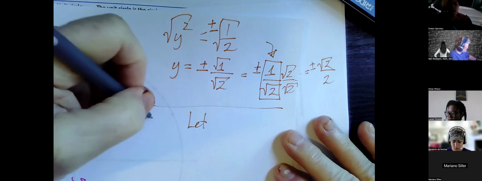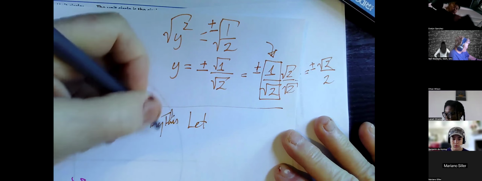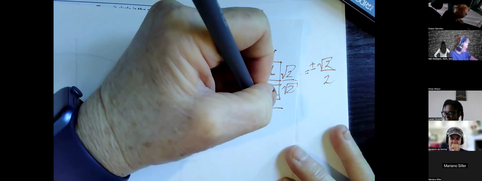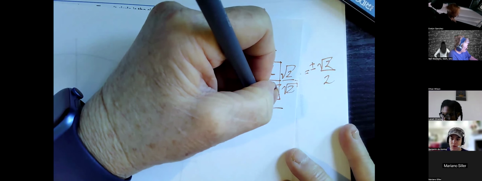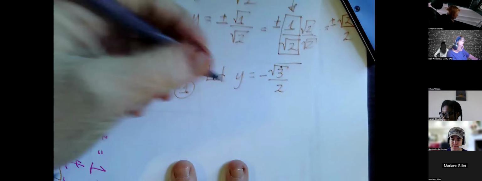Try this one. Let y equal negative square root of 3/2. Find the possible x values that go with this y.